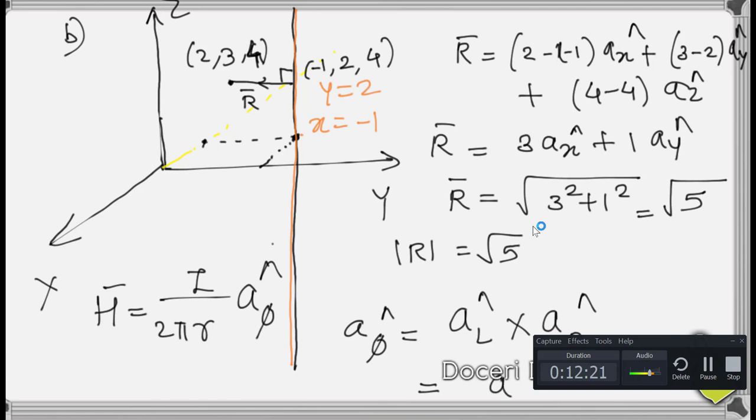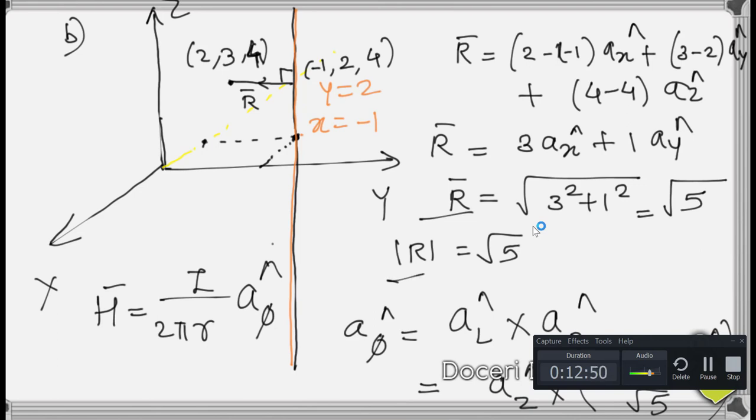So we'll take this as AZ cap again, because it is parallel to Z axis. So the length is AZ cap, and cross will take the AR cap. So what is AR cap? AR cap is equal to 3AX plus 1 AY divided by square root of 5, by this formula, right?